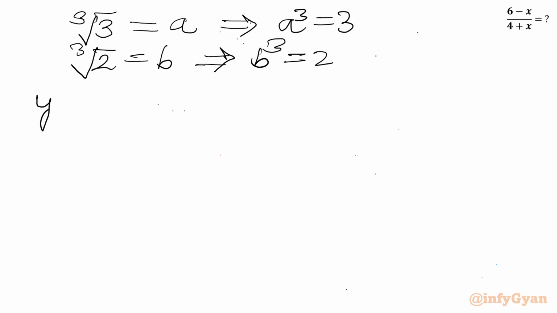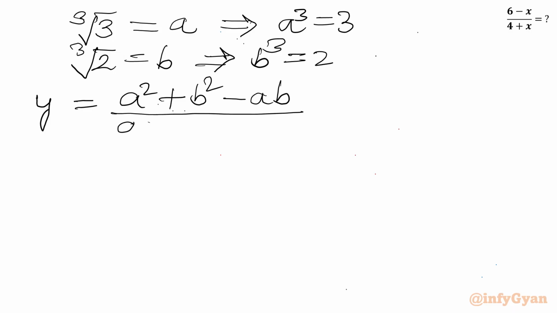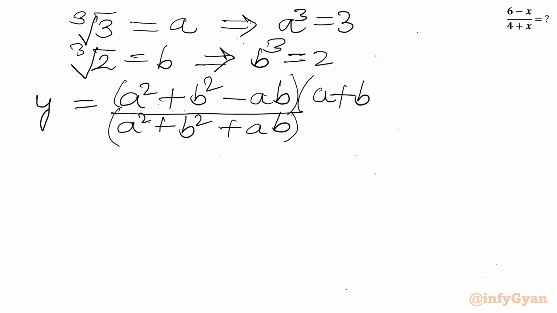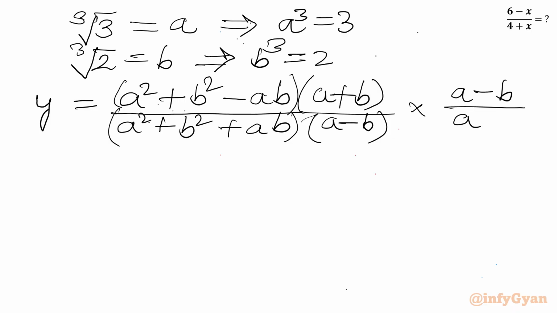So our y value will become a square plus b square minus ab, in the denominator a square plus b square plus ab. Now we will multiply in the numerator and in the denominator. Here I will multiply with a plus b, and here I will multiply with a minus b. So I have to compensate this. I will write here (a minus b) over (a plus b).